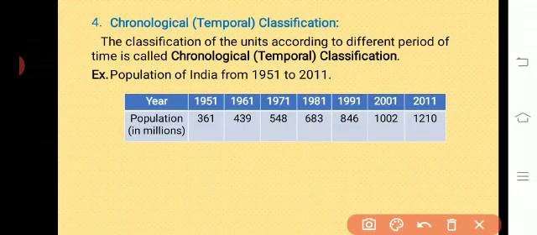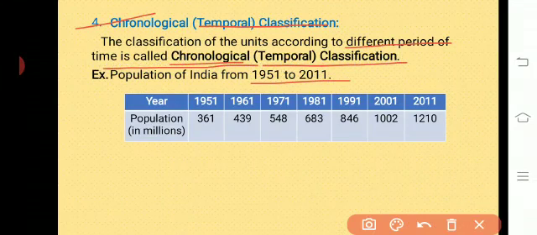Then the fourth type of classification is chronological or temporal classification. That is the classification of the units according to different periods of time. For example, population of India from 1951 to 2011.